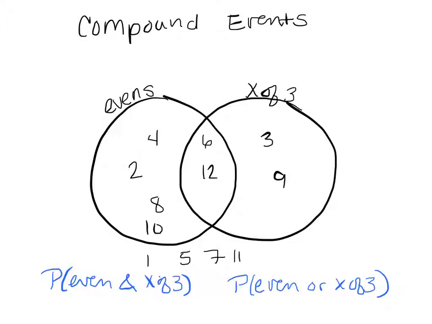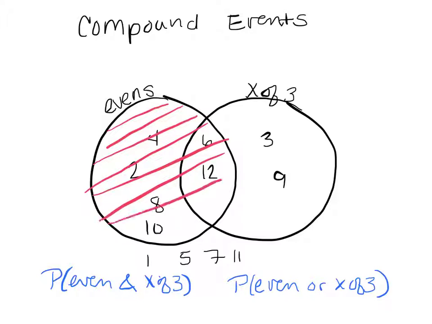Now, let's talk about the probability of the or, because that is the one that actually can give us a problem. Okay, so remember what I said. It could be that it's an even. So let's just shade that one pink. So we could pick any number that is in the even circle. Any of these could be a part of that probability. And then it could be that it's a multiple of 3.